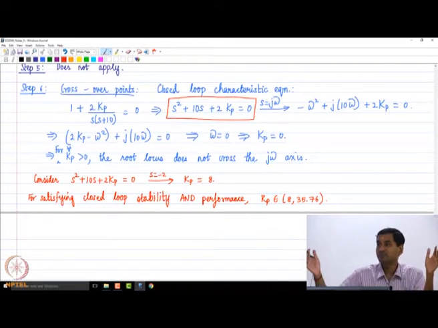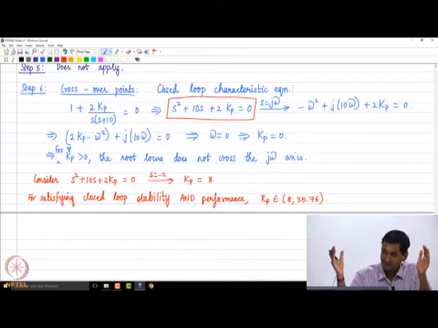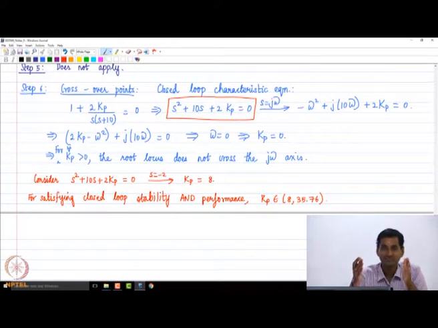So please note that what we have done is progressively reduced a huge region of proportional gain, minus infinity to plus infinity. First we reduced to 0 to infinity, then 0 to infinity has been reduced to 8 to 35.76, right?